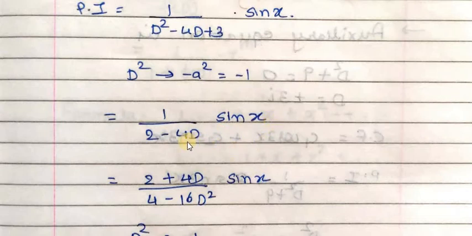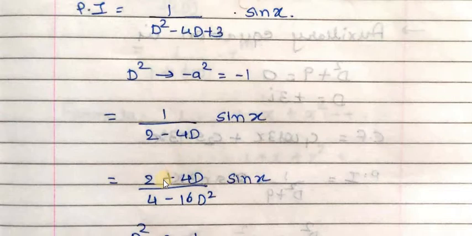So what you have to do, you have to multiply the numerator and denominator by the conjugate of 2 minus 4D. To find the conjugate, you have to simply change the sign of the middle term. This is minus, so you have to multiply the numerator and denominator by 2 plus 4D.